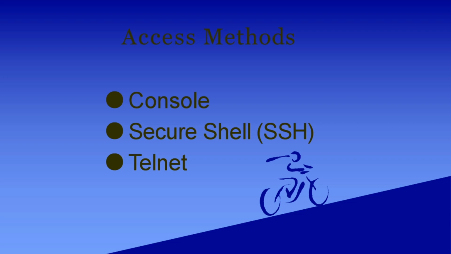Telnet is an insecure method of remotely establishing a CLI session through a virtual interface over a network. Unlike SSH, Telnet does not provide a securely encrypted connection. User authentication, passwords, and commands are sent over the network in plain text.